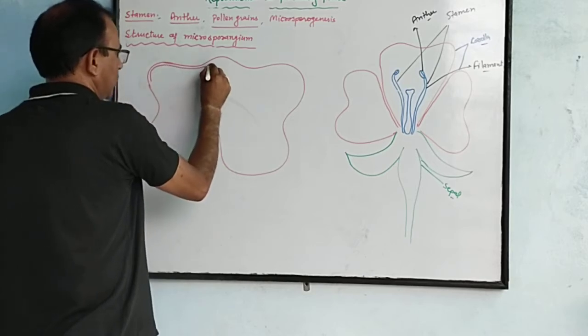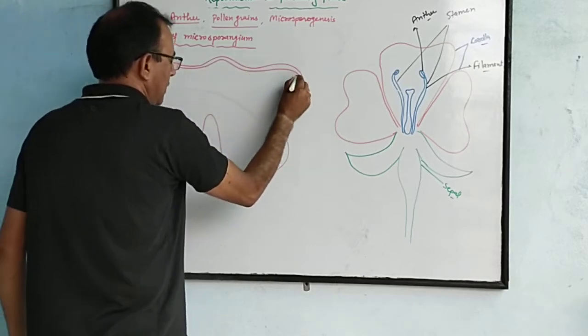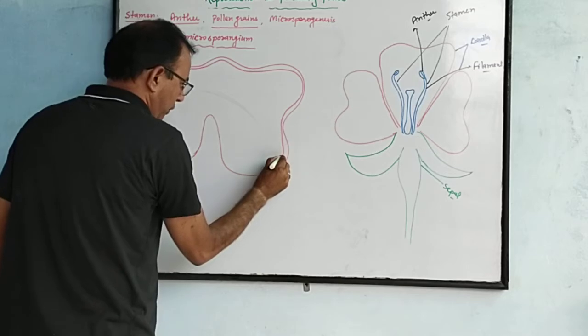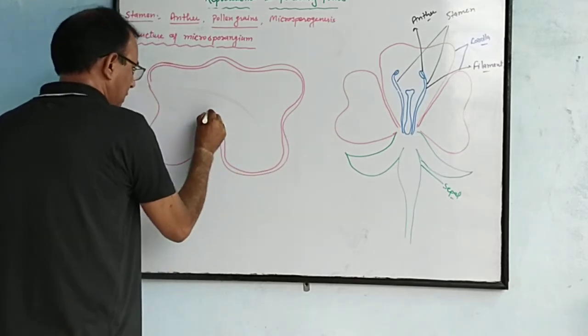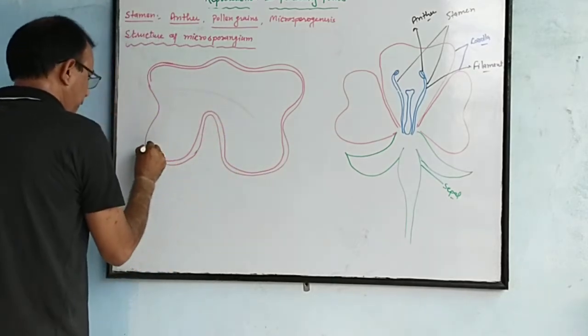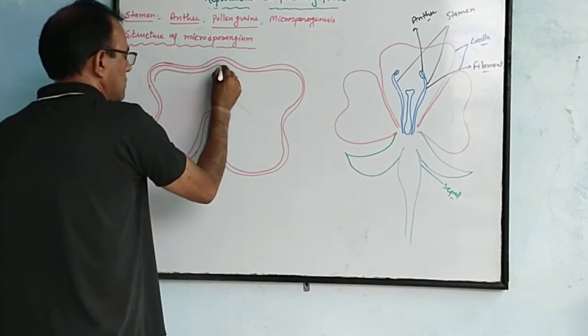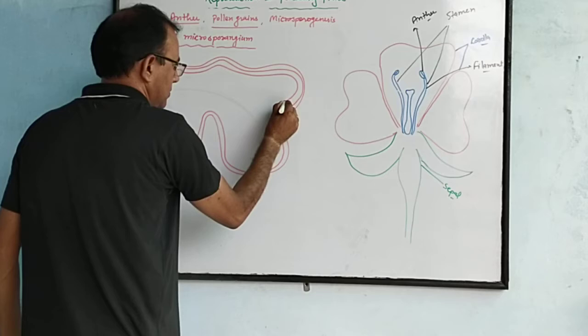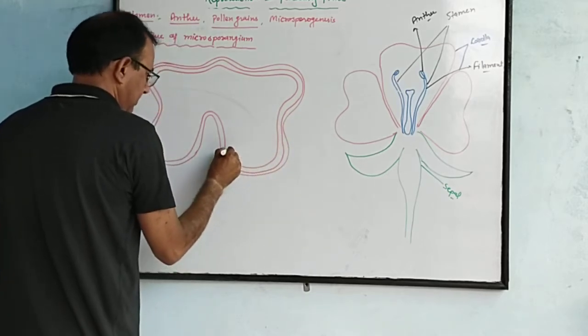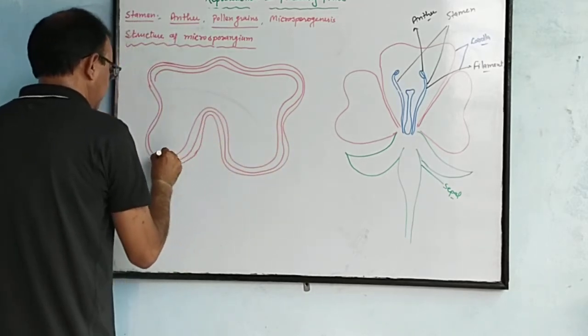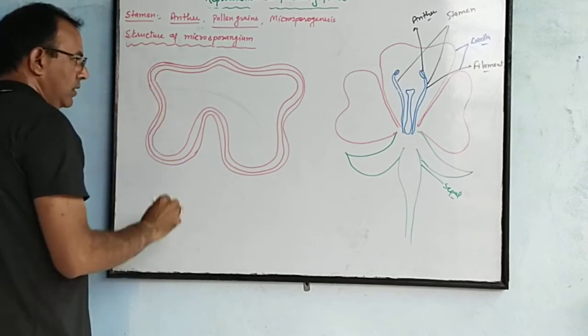And the tetrad structure, or microsporangium, is covered with four protective layers. Like this structure.